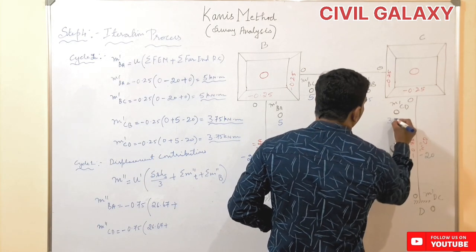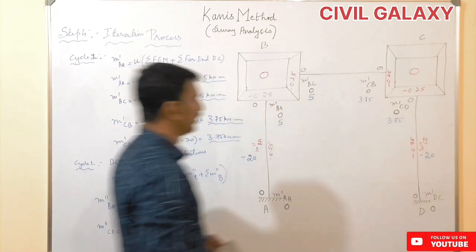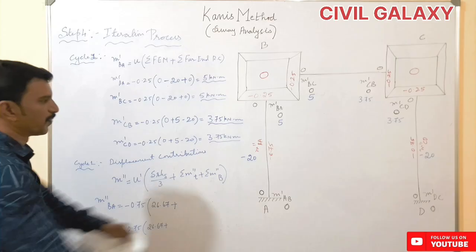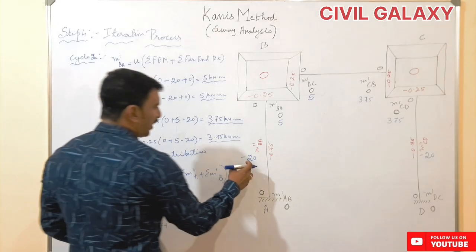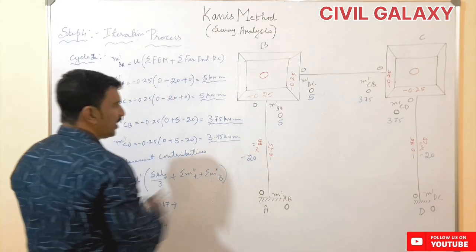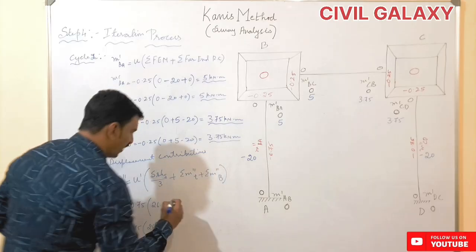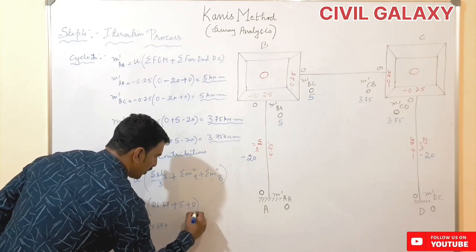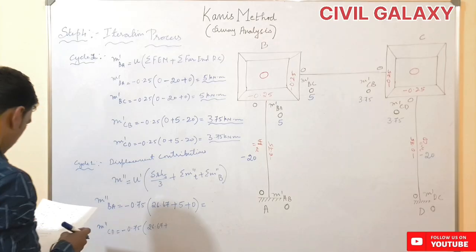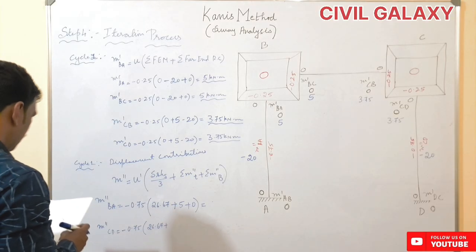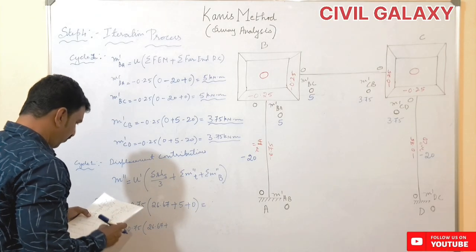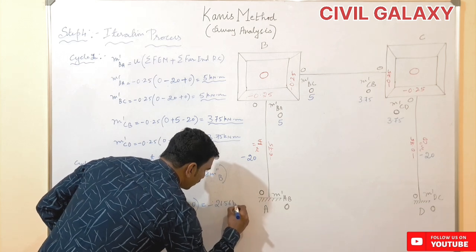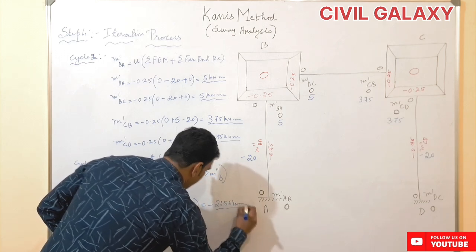Now if we come to the displacement contributions, about the top we have a new iteration value, that is plus 5, and about the bottom it is always 0. So we get a value of minus 26.56 kilonewton meters.